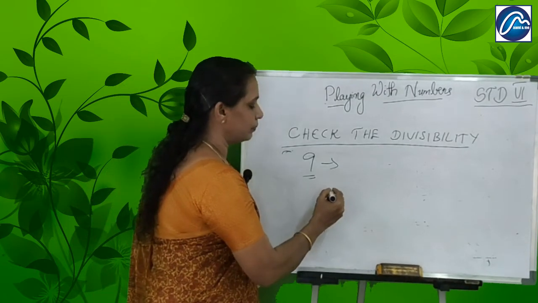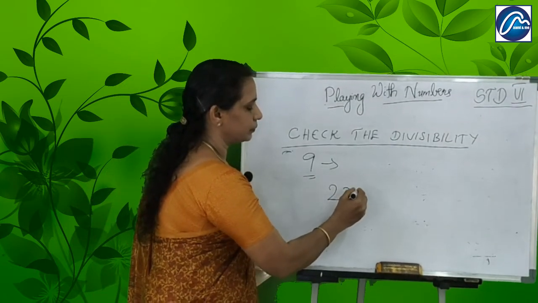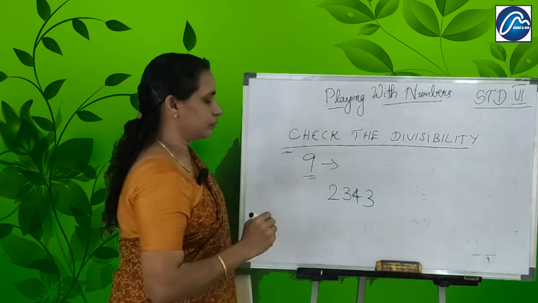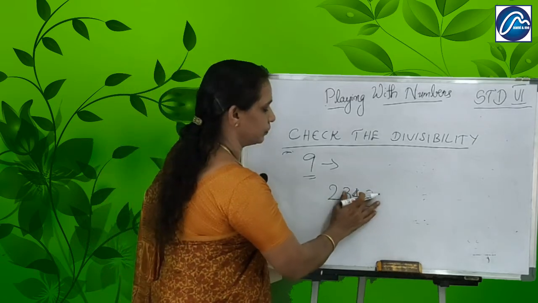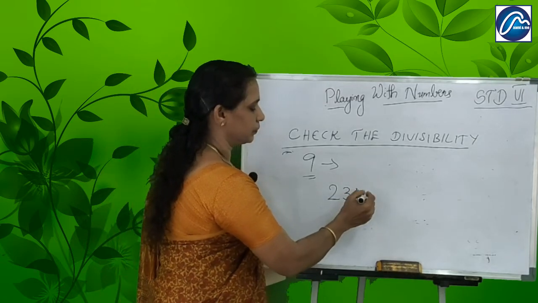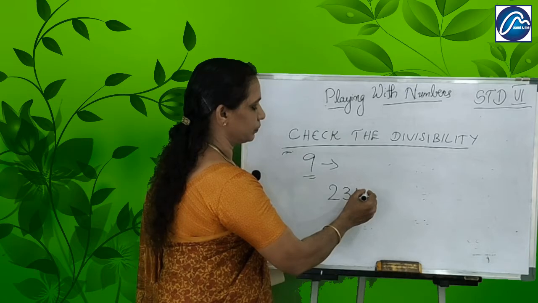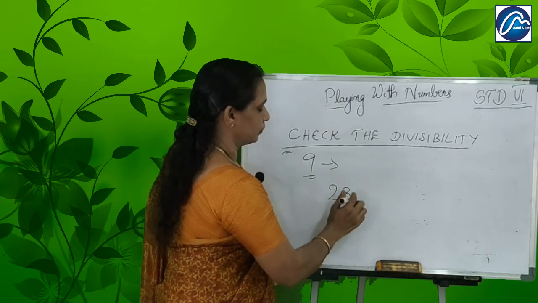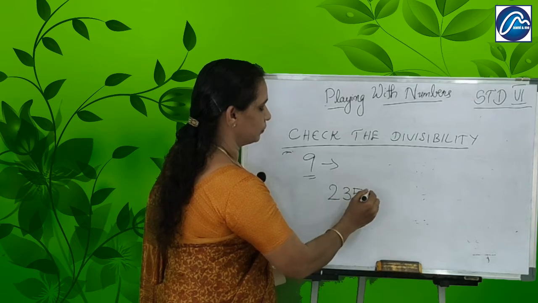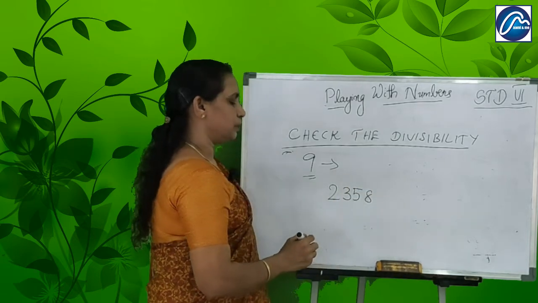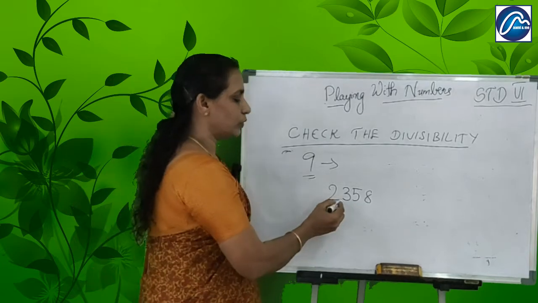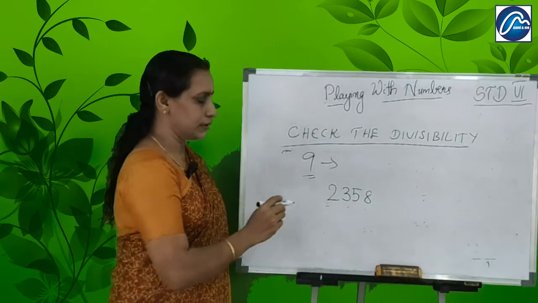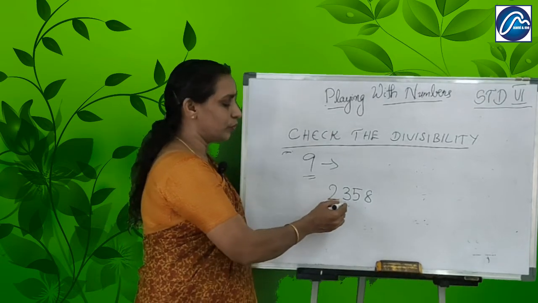For example, 2358. You add these 4 digits.